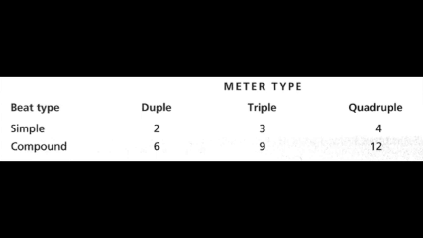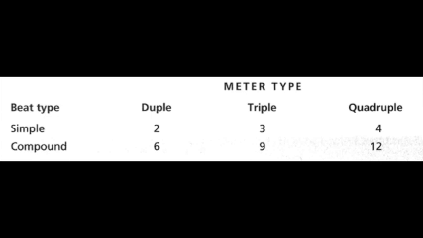So here, once again, we review that in simple duple, there are 2 main beats. In simple triple, 3 beats. Simple quadruple, 4 beats. Whereas in compound duple, there are 6 beats that get felt in 2.